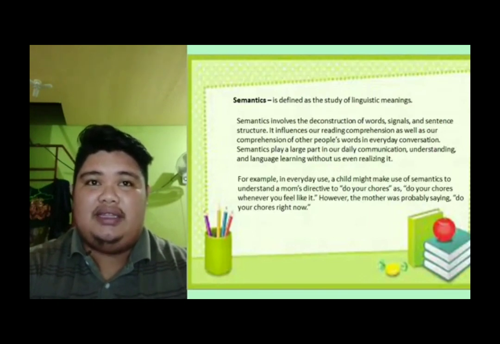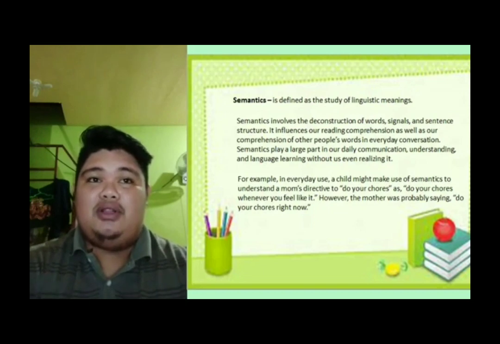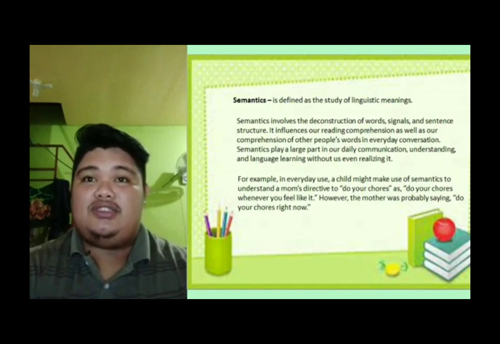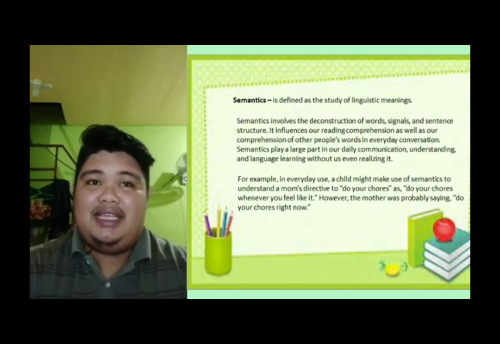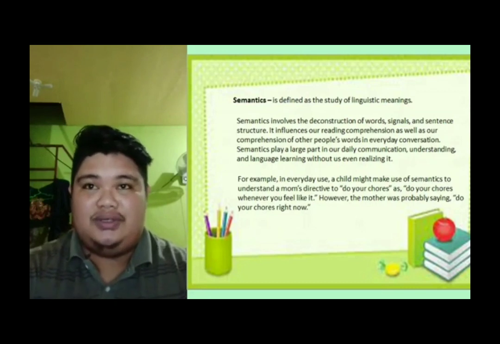Semantics is defined as the study of linguistic meanings. People can absolutely interpret words differently and draw different meanings from them. Semantics involves the deconstruction of words, signals, and sentence structure.